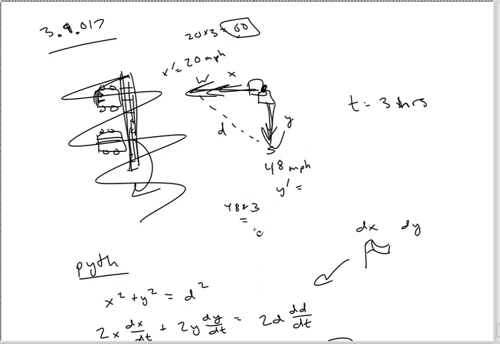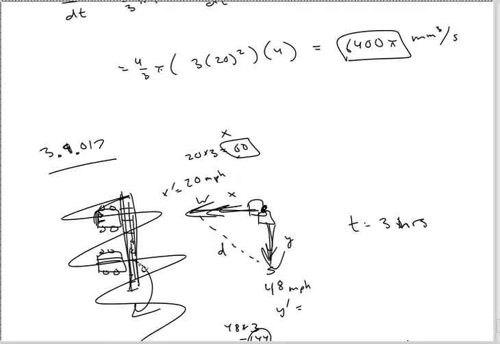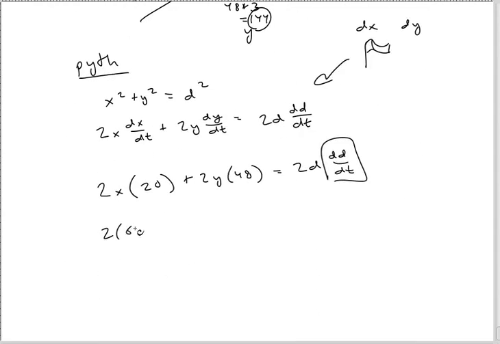I guess I could just use the calculator because that's pretty easy too. So 48 times 3 is 144. I should have been able to do that, but that's okay. 144. Okay, so we got my x and my y. And so now I can plug those guys in. So I got 60 and 144.